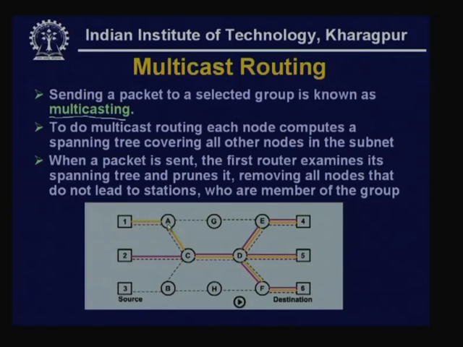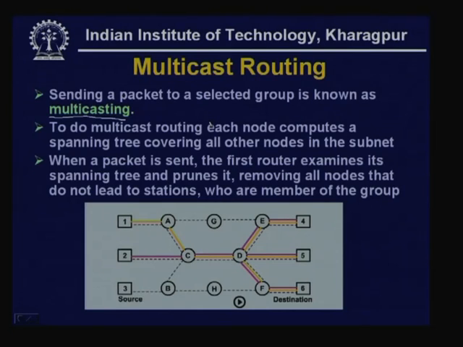That means from A it will go to C, and C also will not send to any other path, it will send only in this direction. So, spanning tree formation can be done, and that will decide the route, and multicasting is done. And here, as you can see, D will send through all the links, because there are subscribers connected to E, F and directly to D. So, this is the example of multicast routing.